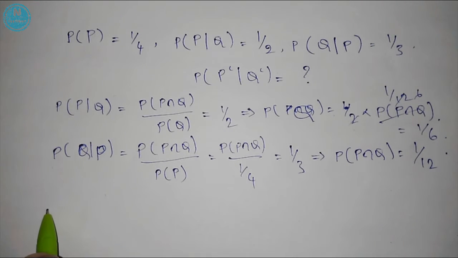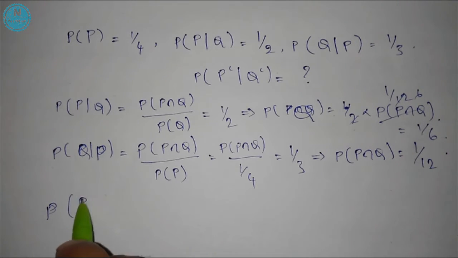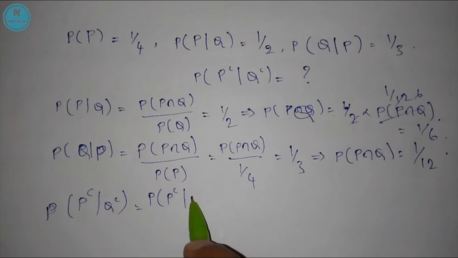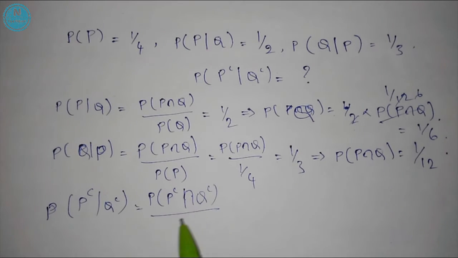We need to find P not, Q not. P not Q not means probability of P not intersection Q not by probability of Q not.